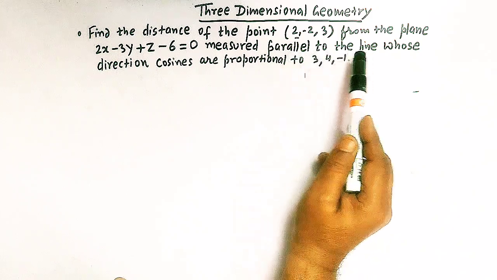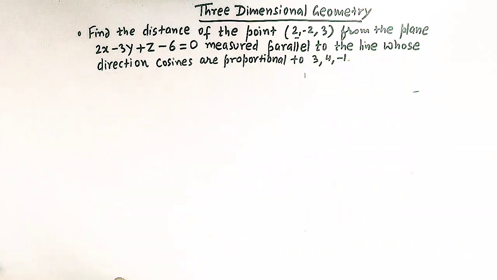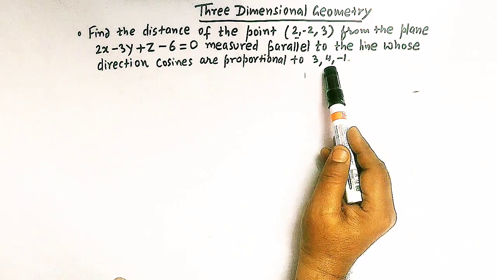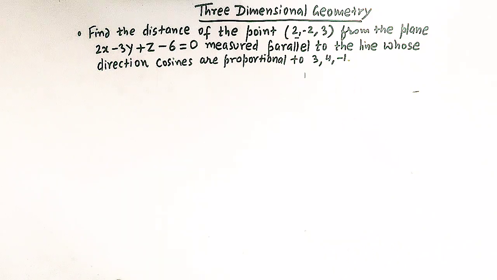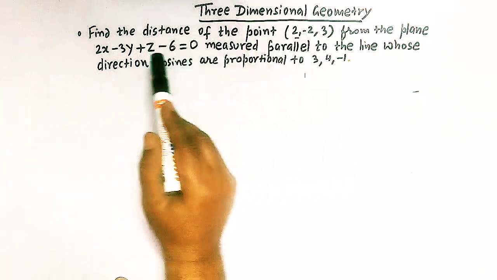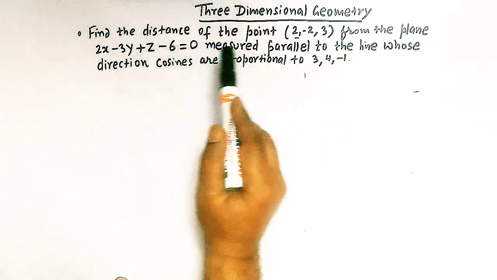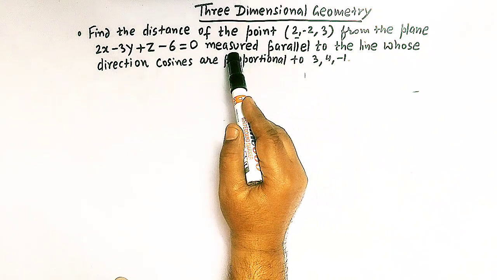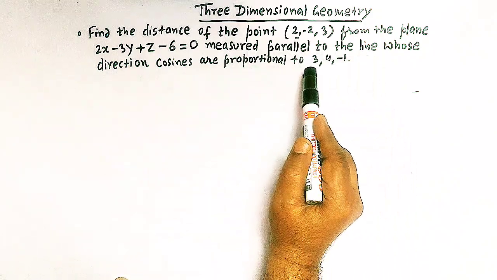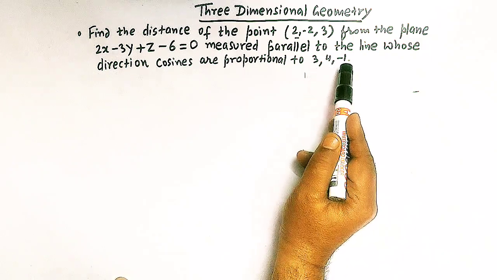We have to find the distance of this point from this plane measured parallel to the line whose direction cosines are proportional to 3, 4, minus 1, right? And the distance has to be measured parallel to that line.